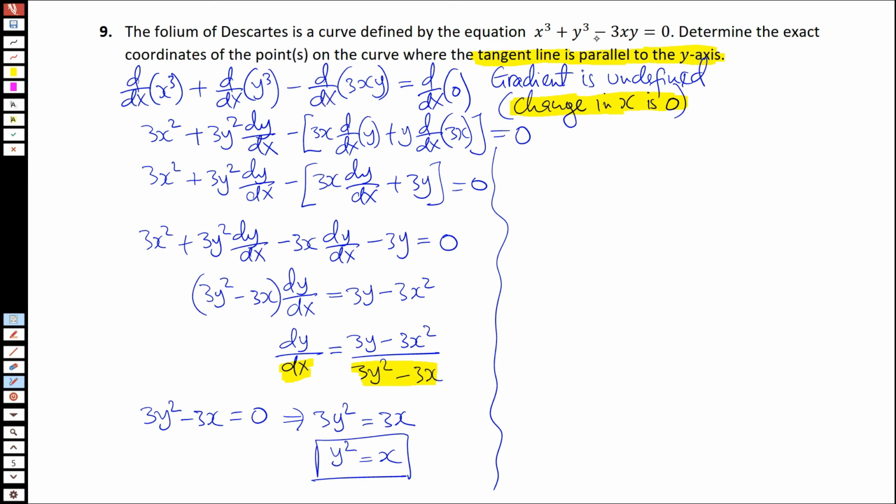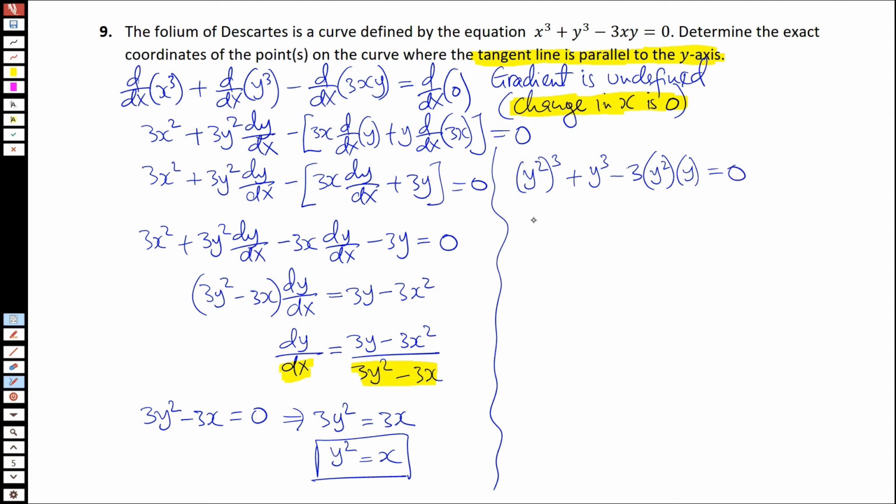You'll end up with y squared cubed, plus y cubed, minus 3 multiplied by y squared multiplied by y, equal to 0.